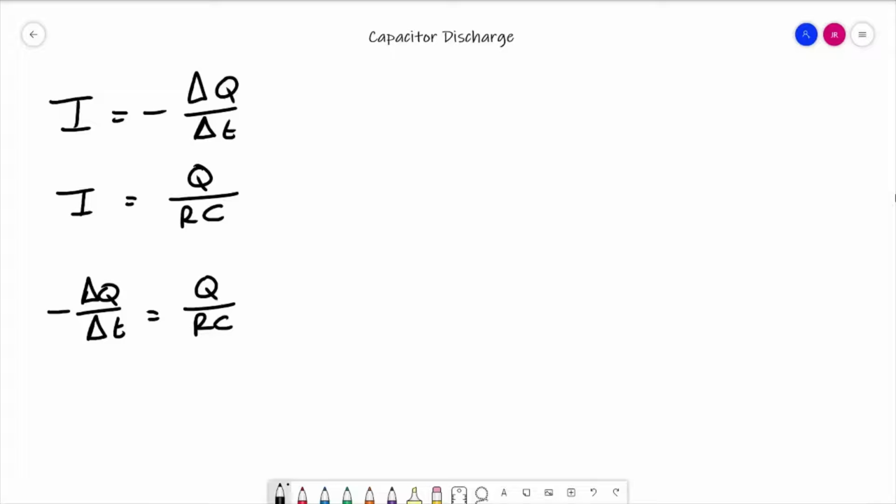Now let's do a little bit of rearrangement. Firstly, I'm going to multiply both sides by delta T, and I'm also going to divide both sides by Q at the same time.